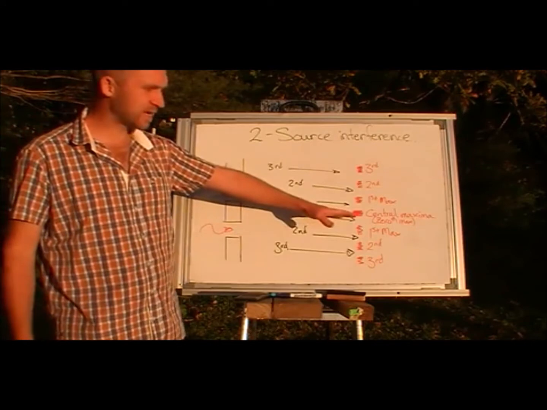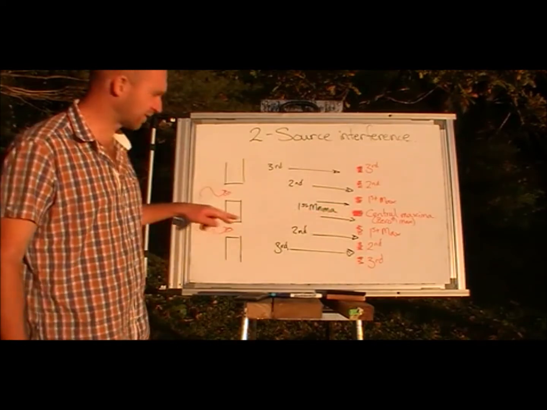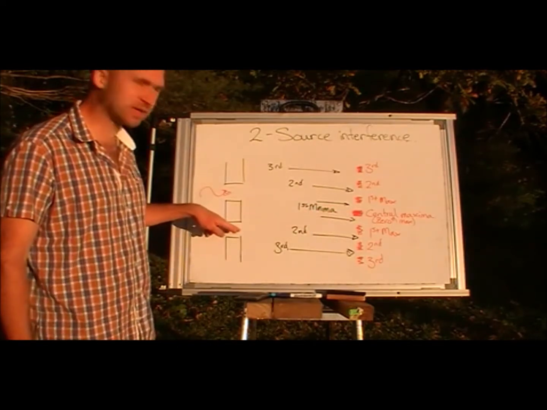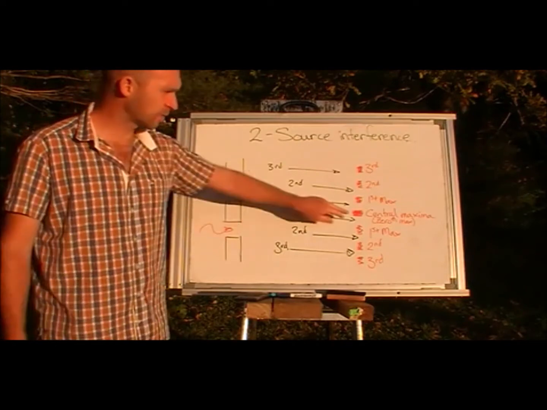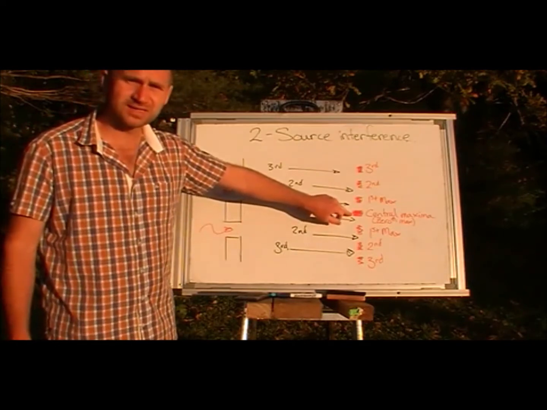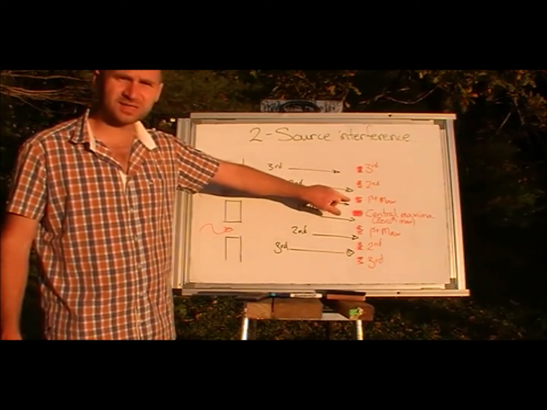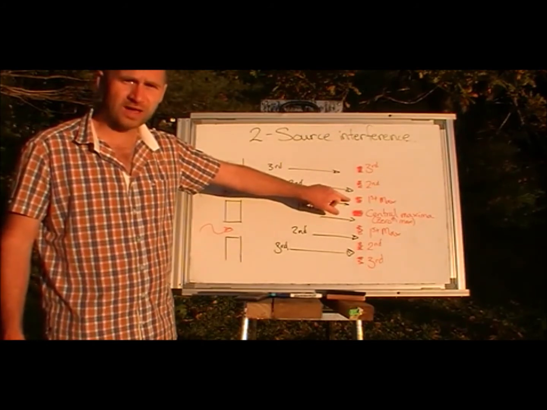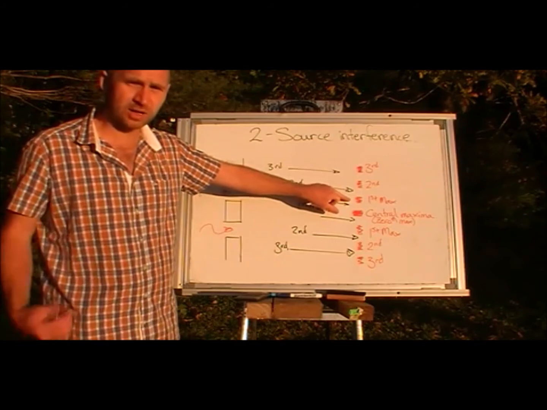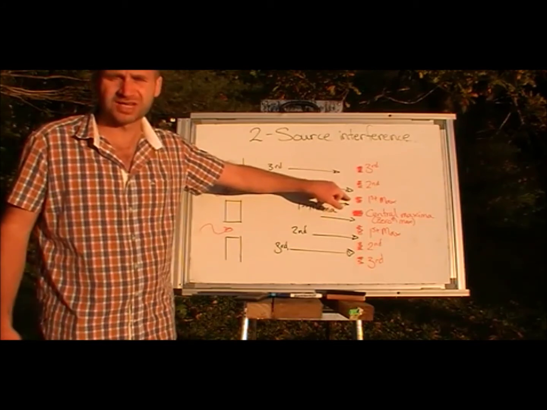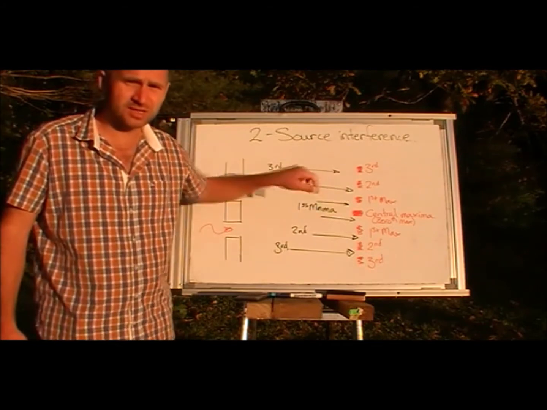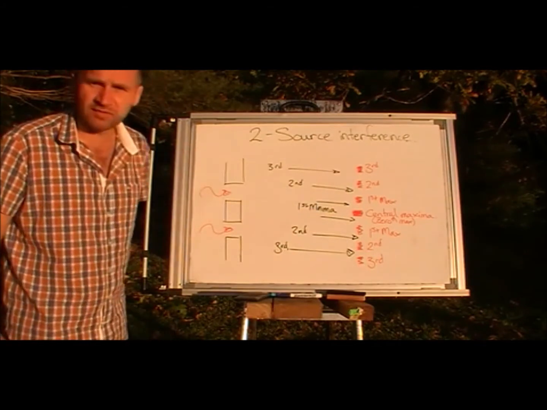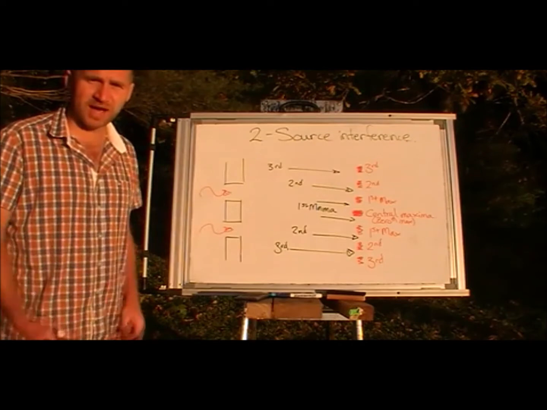And so when we're seeing a pattern like this, the difference in distance travelled by the light from the bottom slit compared to the top slit, well, at the central maxima it's 0. At the first maxima it's 1 wavelength. One lot of 500-ish nanometers. It's minuscule, absolutely minuscule. And so what we have to be really clear on is that path difference.